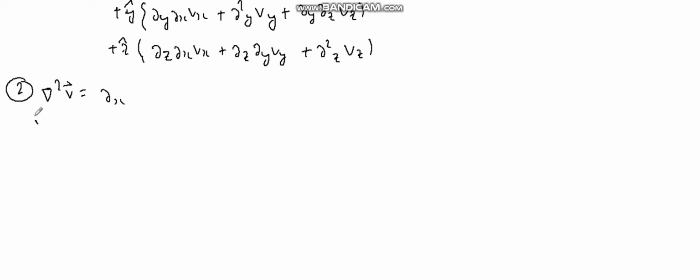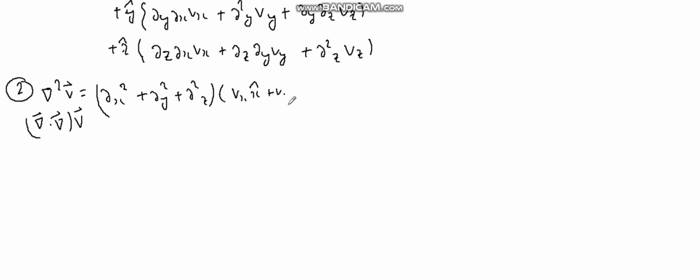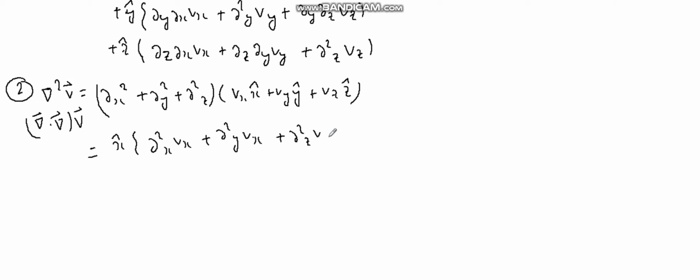First of all, it is equal to del dot del acting on v. So first of all, del dot del is going to be del square x plus del square y plus del square z, acting on vx x cap plus vy y cap plus vz z cap. So the x component is going to be del 2x vx plus del 2y vx plus del 2z vx.